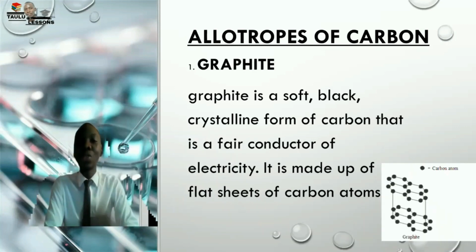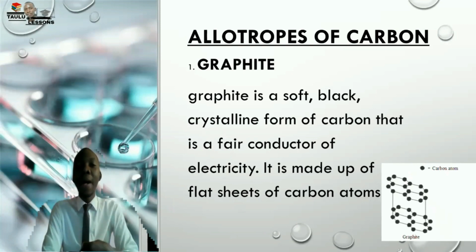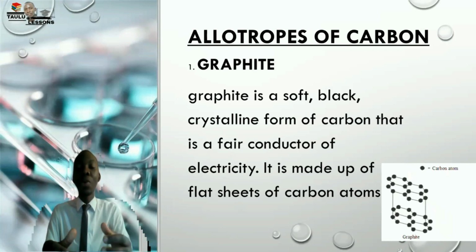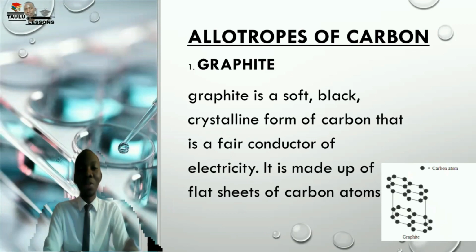Graphite is a soft, black, crystalline form of carbon. So it is soft, it is dark in color, and it is crystalline. Graphite is also a fair conductor of electricity, and it is made up of flat sheets of carbon atoms.